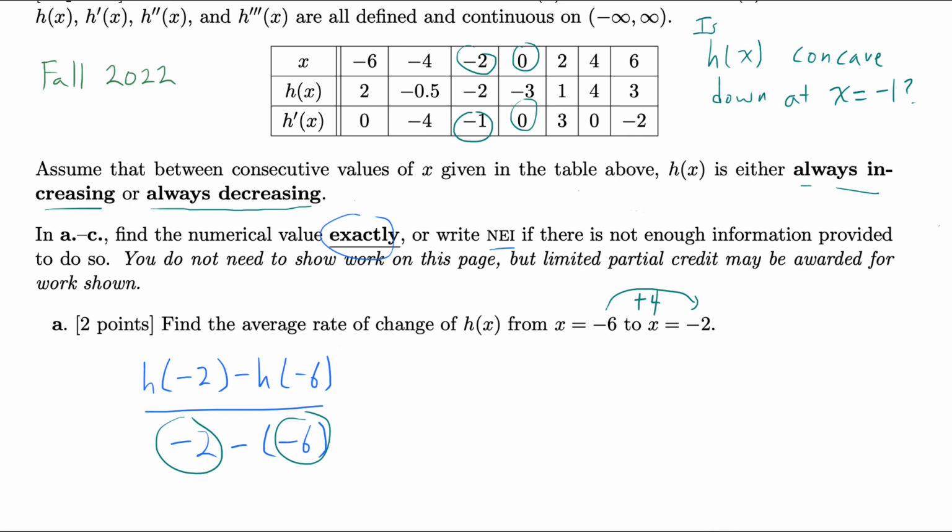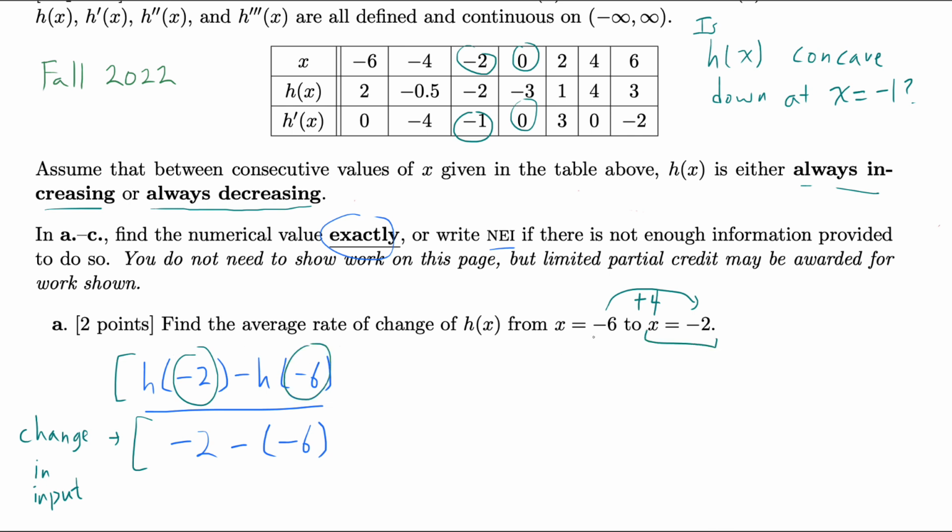So this denominator is giving you the change in input. And analogously, the numerator, since we're looking at h at the final input minus h at the initial input, -6, is giving you how much the output changed from -6 to -2. So this is the change in output.